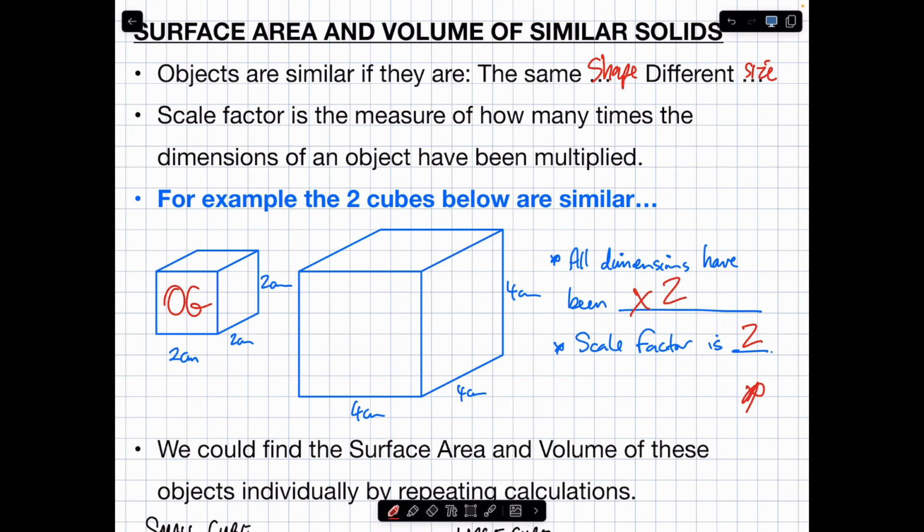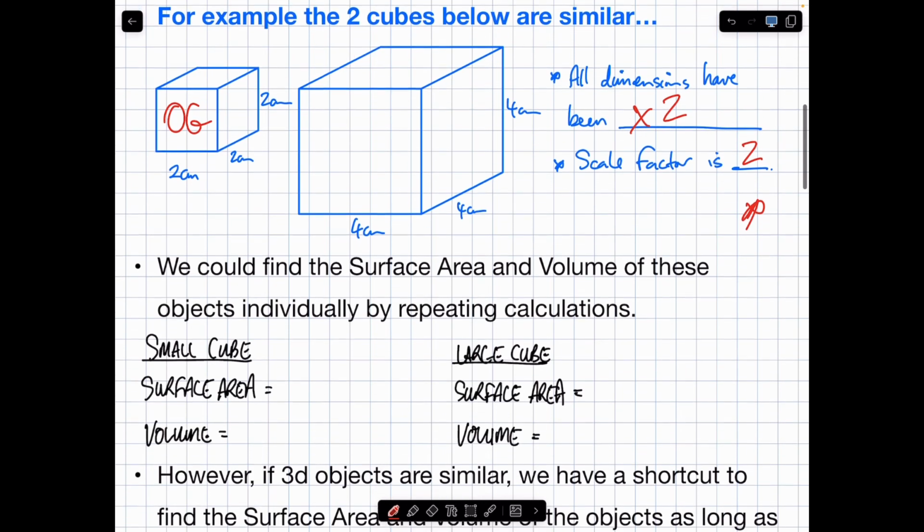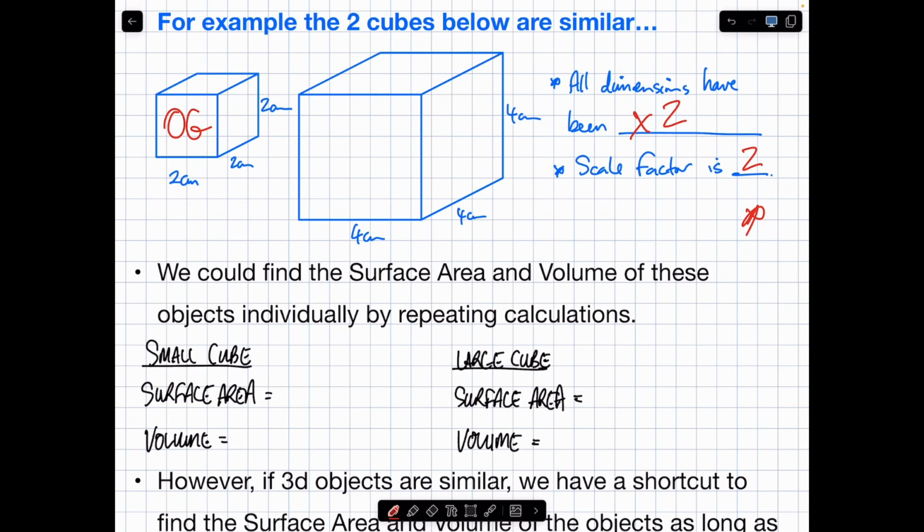We could find the surface area and volumes of these individually by just repeating the calculation. Let's find the surface area of that small cube. This doesn't need to be copied down because I've already taught you how to find surface area and volume. What shapes are on all the sides of a cube? Squares. And how many squares would there be? 6.